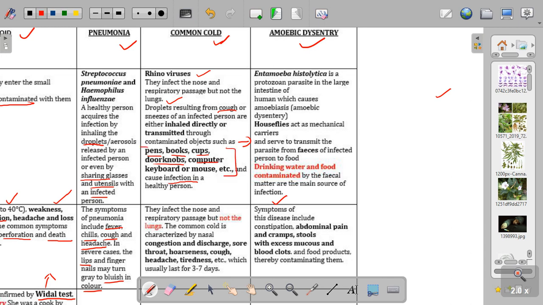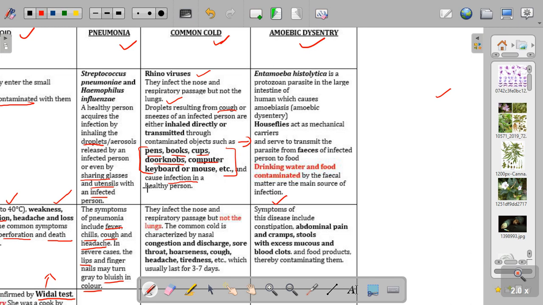Especially in public places like schools, if a student suffering from a cold touches these objects without cleaning the hand, they can become transmitters. If a healthy person touches them, it can be passed to the healthy person also.